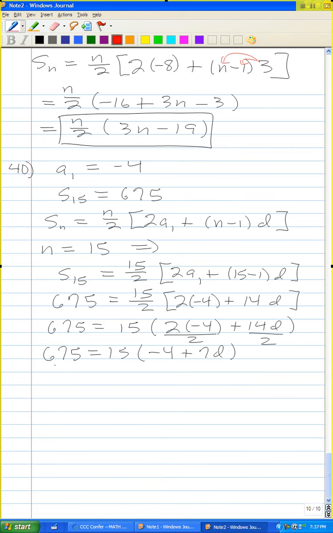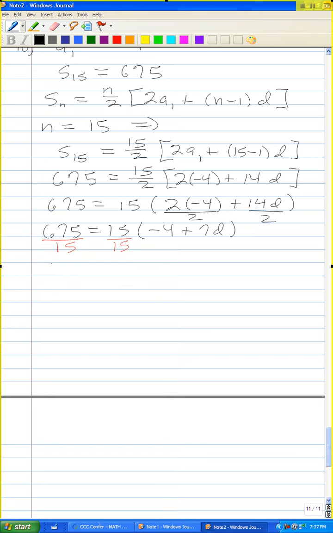Divide both sides of the equation by 15. And so 675 divided by 15 is just 45. Equals negative 4 plus 7d.